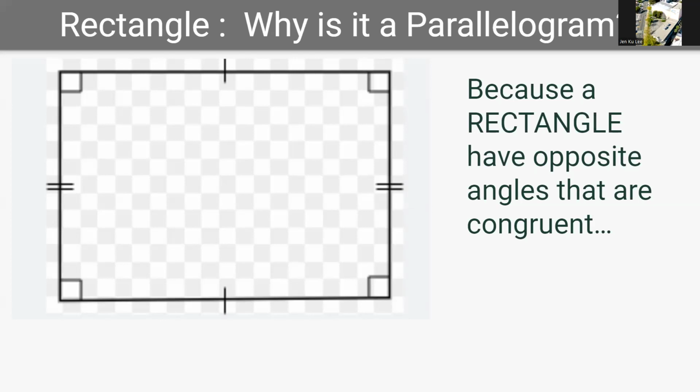Okay, they hold all of them, but I just highlighted one of them. Because opposite angles are congruent, and the opposite sides are congruent. So again, they hold all four. So you can just highlight one, and that's why it's a parallelogram.